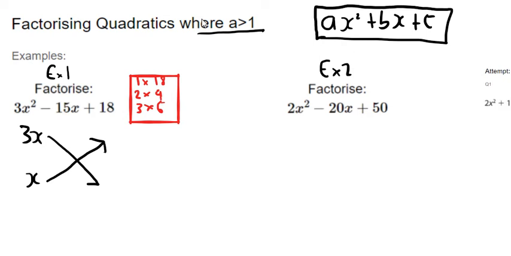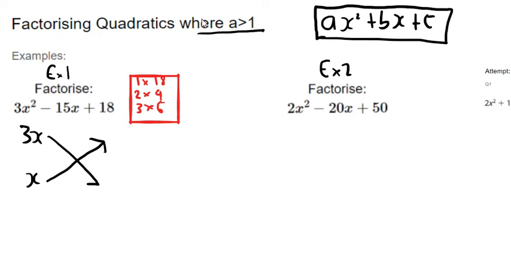You're still picking 2 factors, but I'm going to put the two factors here, and like I was saying, whatever goes on the bottom in this case has to be multiplied by 3 when you're adding them together to get minus 15. It's a little bit more complicated, and there are a good few things to think about.